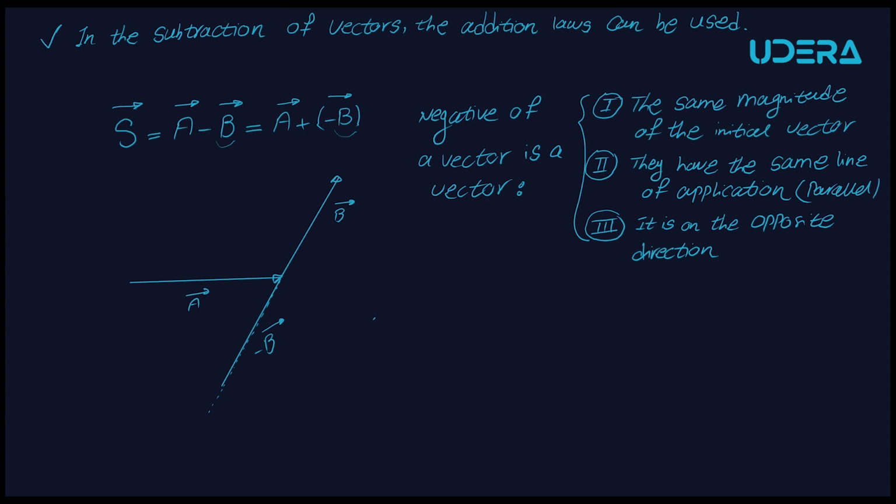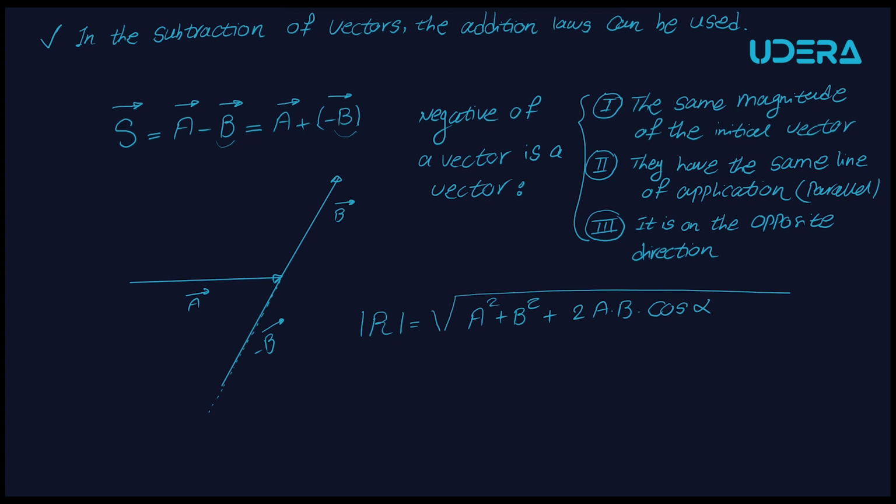If you remember, the magnitude of the resultant vector in the case of addition laws has a unique formula for both triangle and parallelogram laws, which is A square plus B square plus 2AB times cosine alpha, and alpha is the angle between two vectors.